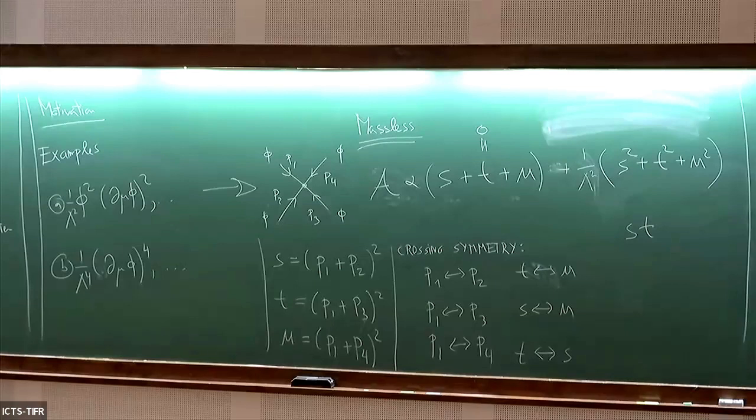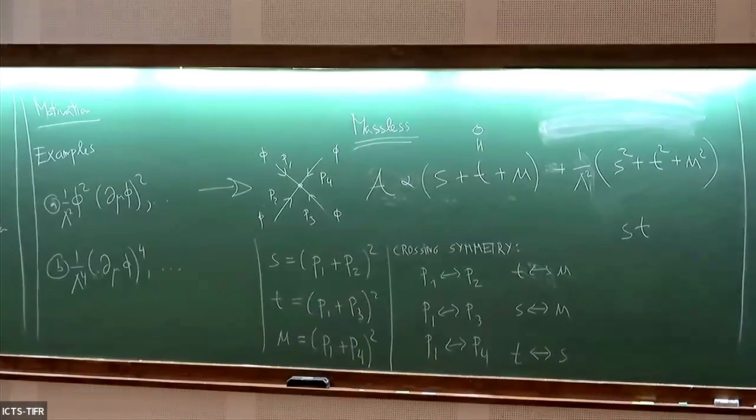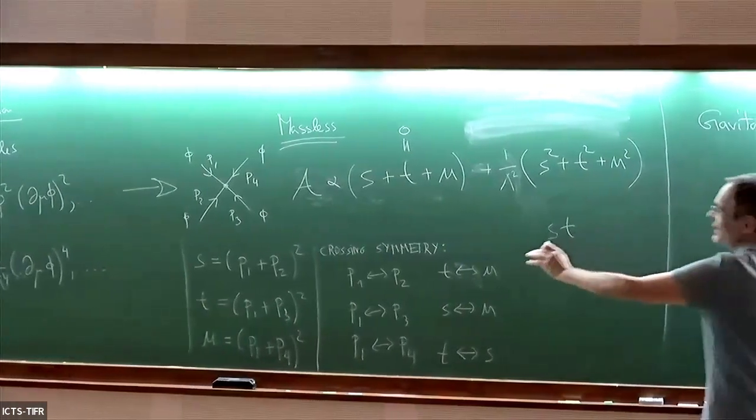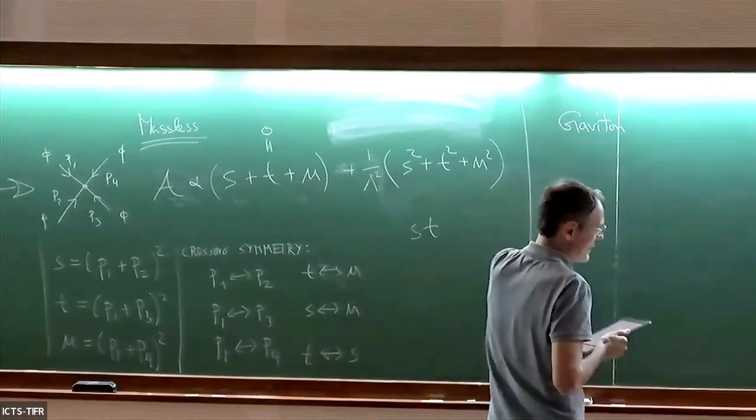We'll do it here. Now, there is another beautiful example I like to put to motivate amplitudes, a classical example. Let me go from something very simple, scalars, to something more complicated.